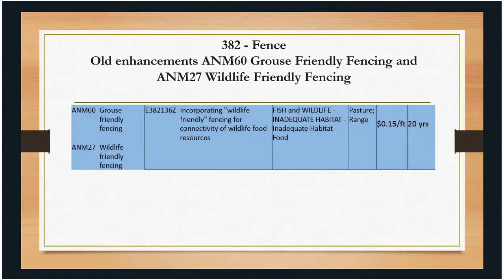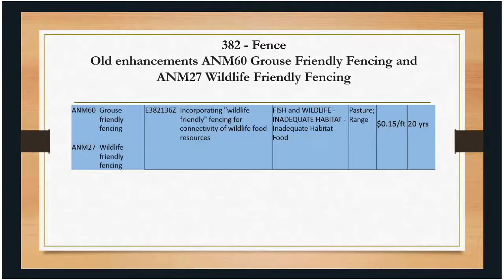So in the old CSP, there were a couple of enhancements that were tied to fencing. A&M 60 and A&M 27, grouse friendly or wildlife friendly fencing. They're both replaced now with this new enhancement for fencing called incorporating wildlife friendly fencing for connectivity of wildlife food resources.